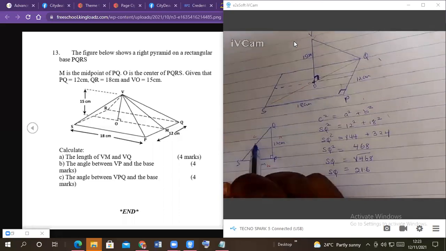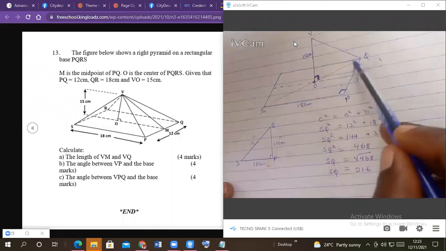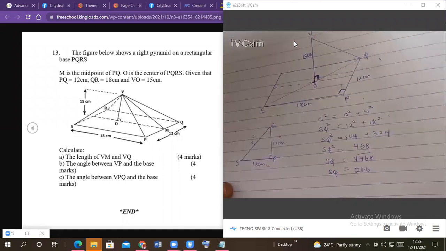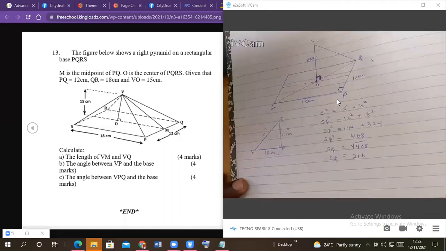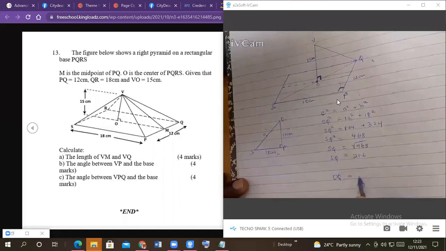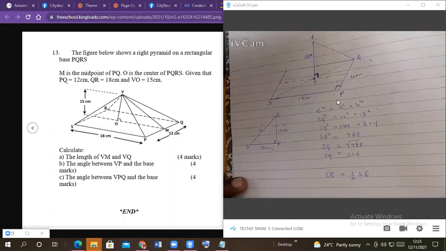Now just know that point O is somewhere here. Now I have to find OQ. So OQ is a half of SQ.